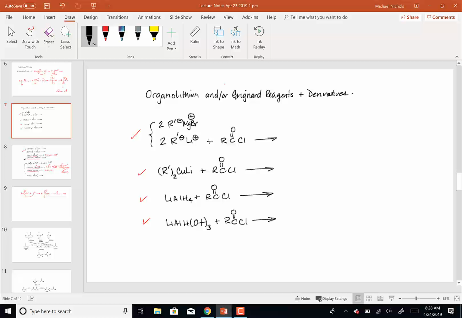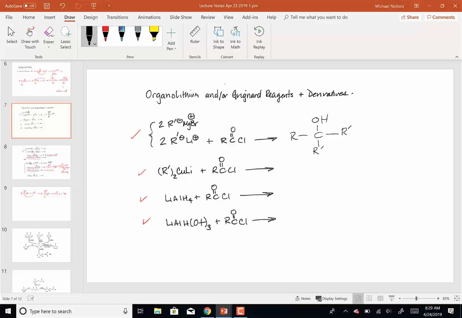You make a tertiary alcohol. We make a tertiary alcohol. Anything special about that tertiary alcohol? 2 of the groups. 2 of the 3 groups are from the Grignard.